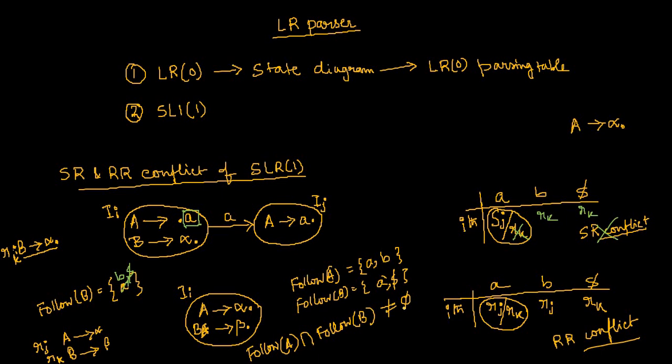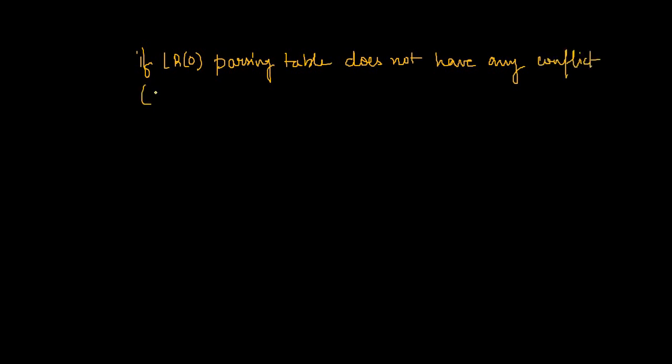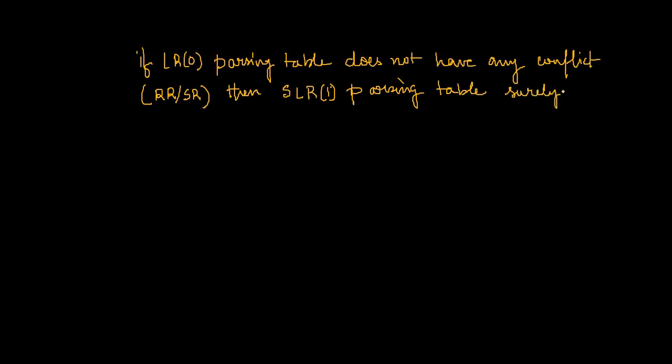Now, since we are refining the parsing table much more in case of SLR1, one thing I can say is that if the LR0 parsing table does not have any conflict, meaning RR or SR, then the SLR1 parsing table surely has no conflict.